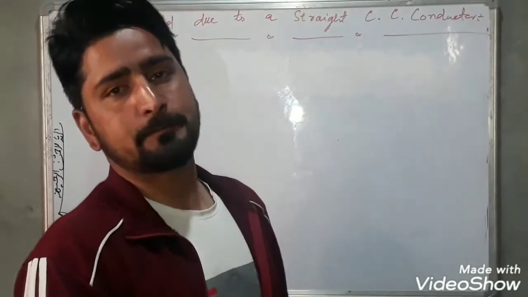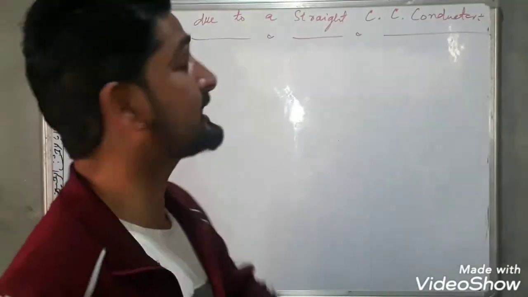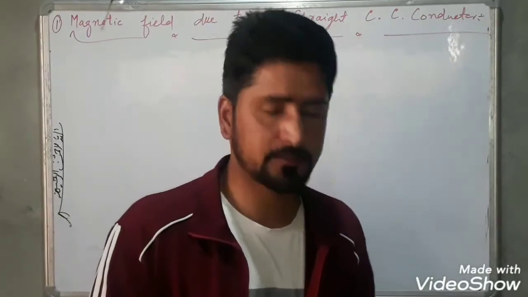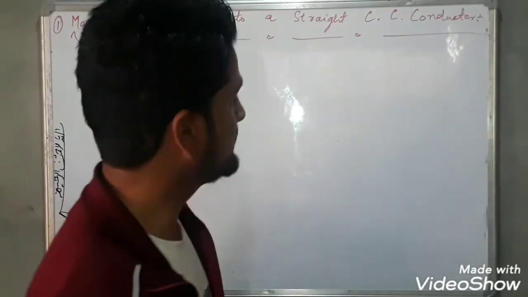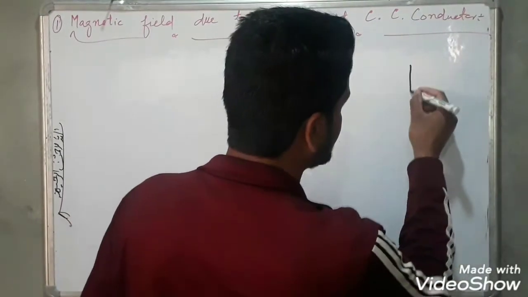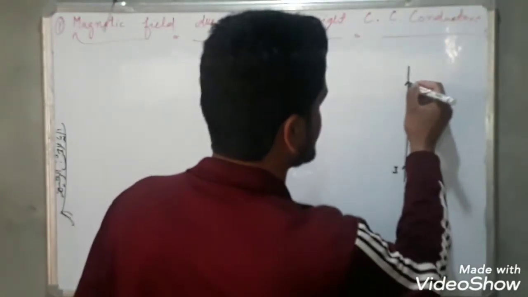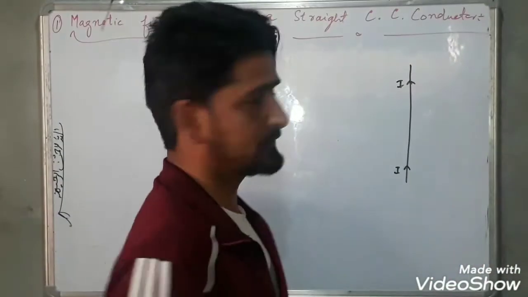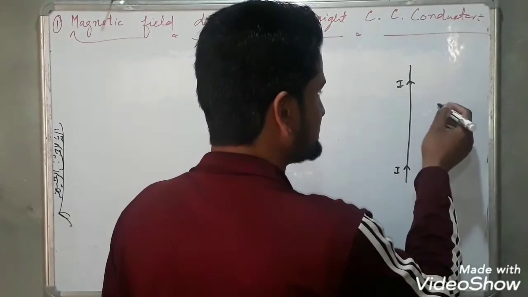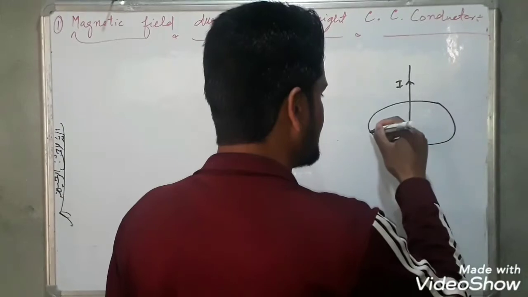Now let me use Ampere's Second Law for calculation of magnetic field due to a straight current carrying conductor. This is the first application of Ampere's Second Law. Suppose we have a current carrying conductor carrying current I in this direction, and we know by the right hand thumb rule that the magnetic field direction will always be in this way.